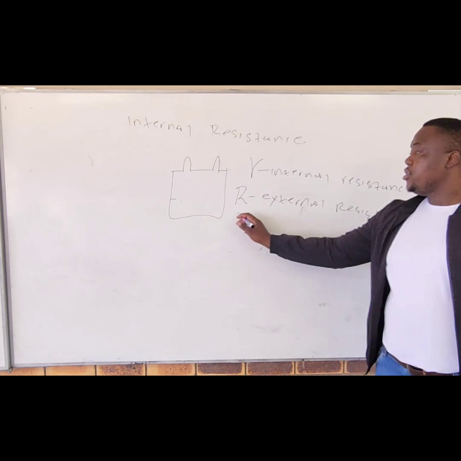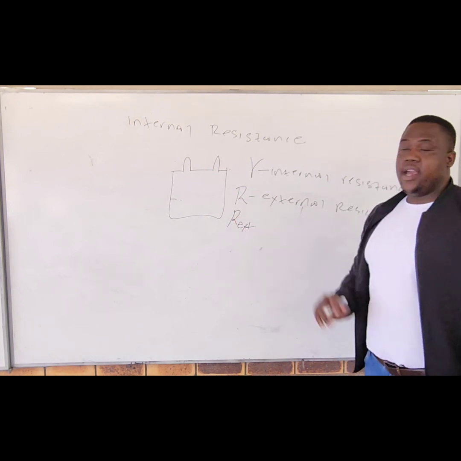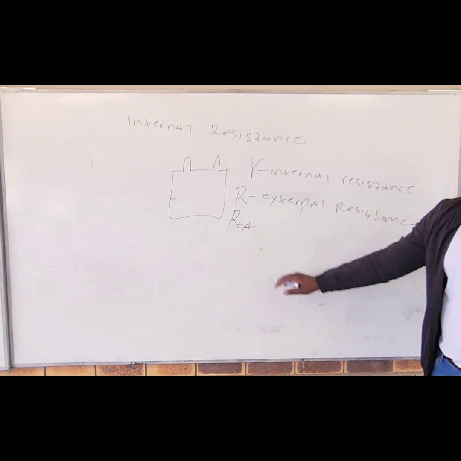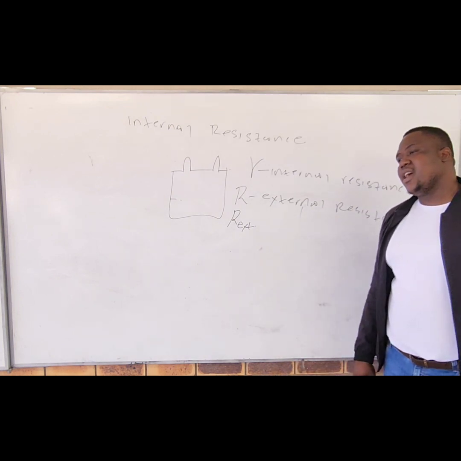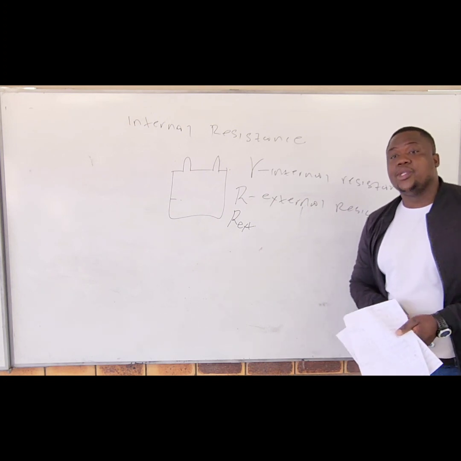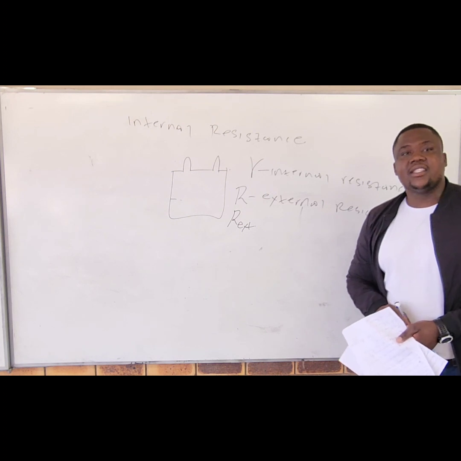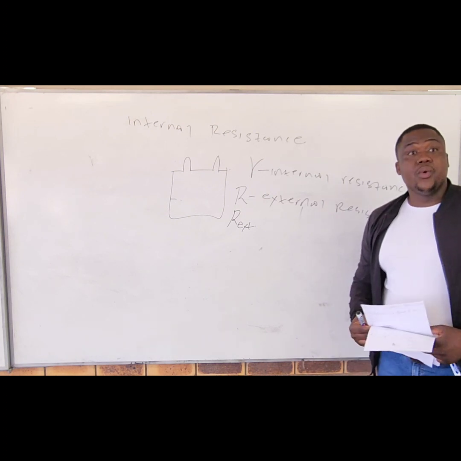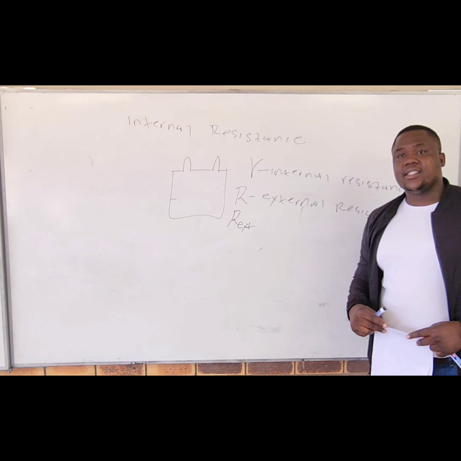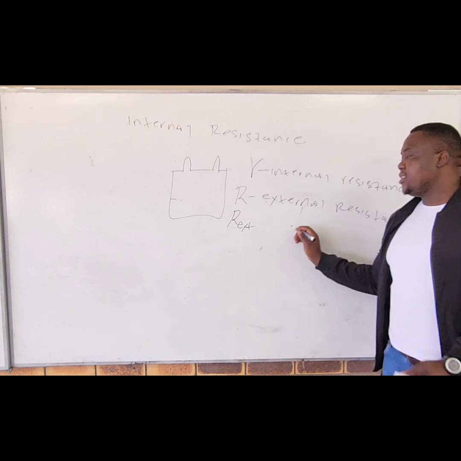Some even write R-E-X-T, where E-X-T stands for external. What is external resistance? External resistance is the resistance that we've been talking about ever since the start of the lesson, when we were in grade 10 and grade 11. That is external resistance.